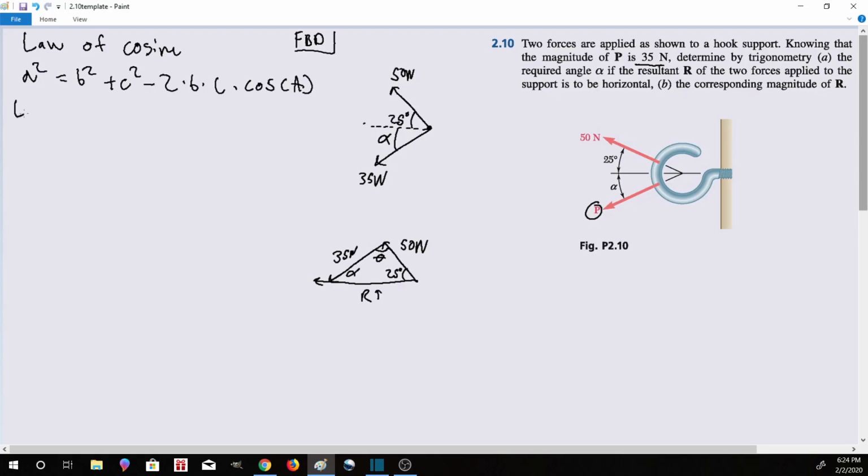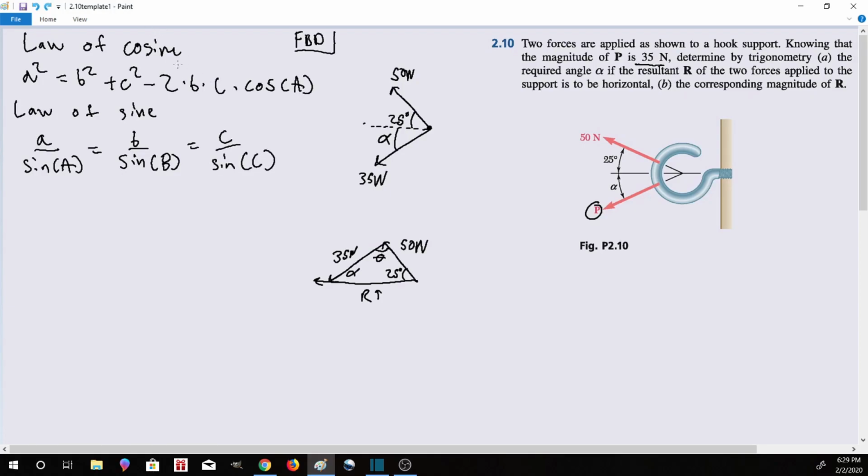And we also have to remember the law of sine, which states that a over sine of the angle of a is equal to b over sine of the angle opposite of b equals c over sine of the angle opposite of c.